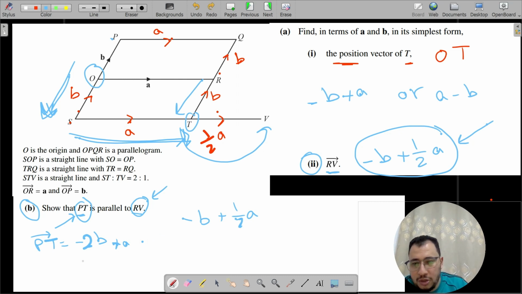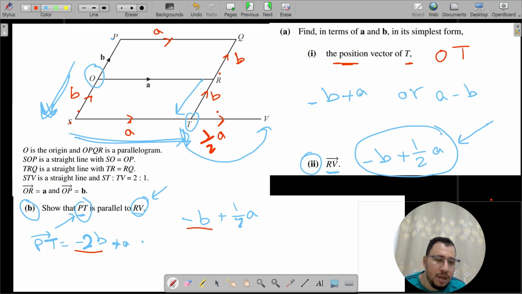I'm going to take 2 as a common factor. Mister, why did you think about 2? Why will you take 2 as a common factor? Because here, I have to notice that this is negative 2b, and I wanted to reach negative b.